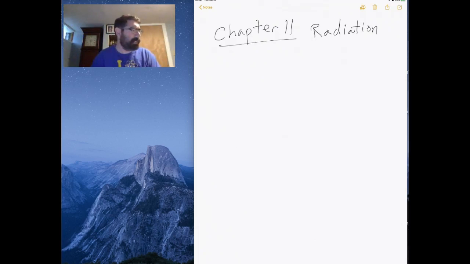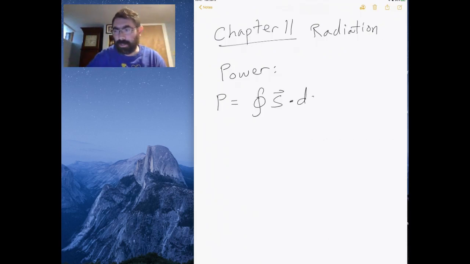So what we can start with is to talk about maybe the power. We have this field radiating outward, and the power, which is just the intensity through an area, is essentially the integral of the Poynting vector through that area.